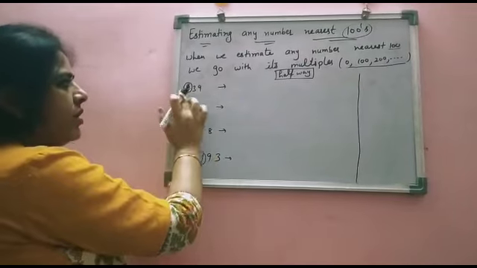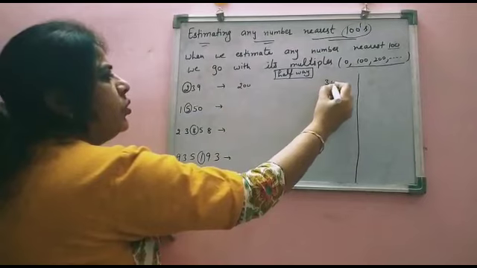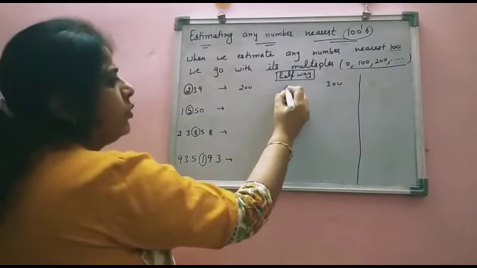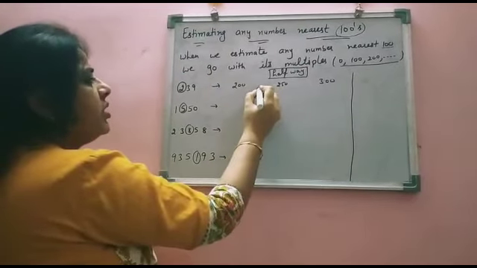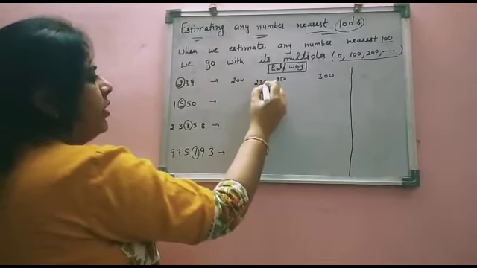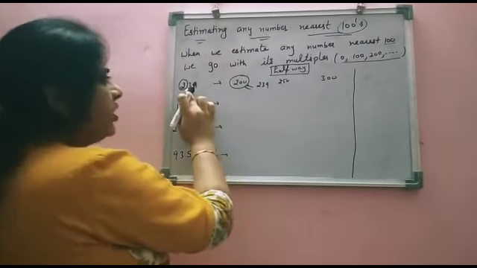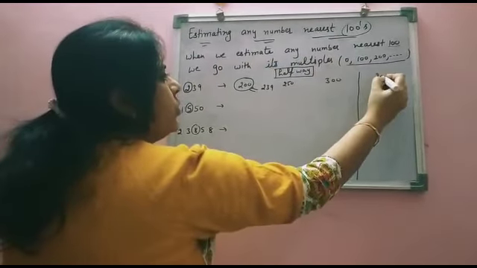Now this number lies between 200 and 300. Those are the multiples of 100. What is the halfway? 250. And this number is just less than the halfway. It means it will be estimated to this. So when 239 is estimated to the nearest 100, the answer would be 200.